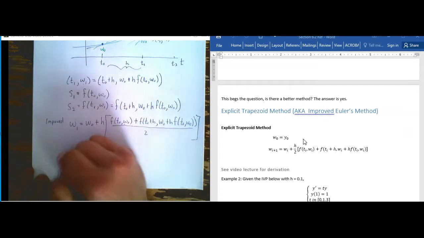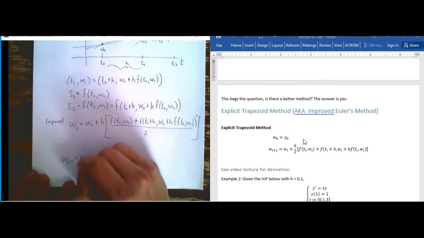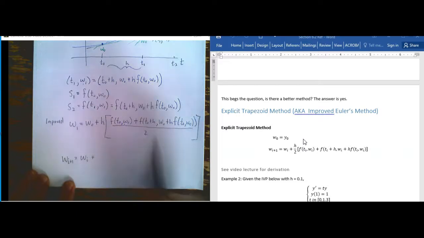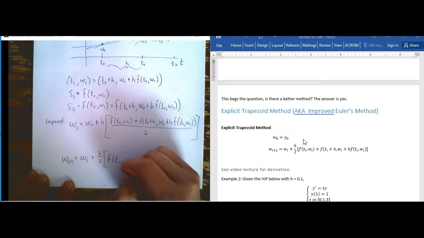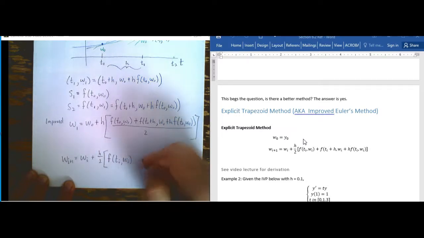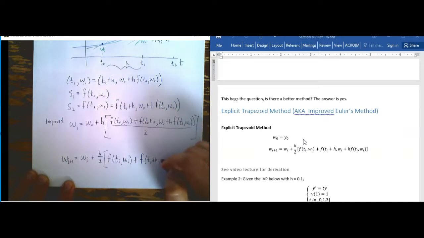Therefore, if we generalize this, Wi plus 1 is equal to the previous one, Wi, plus, I'm going to pull that 2 out, h over 2 times f of the previous slope plus f of the new slope, which can be gathered this way, Ti.